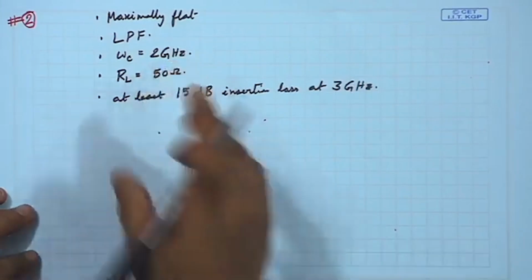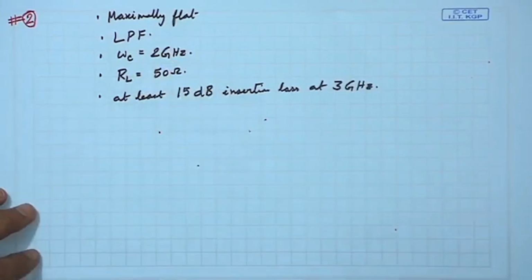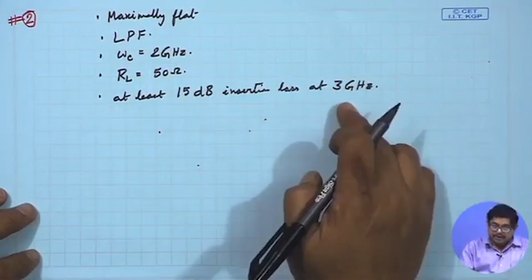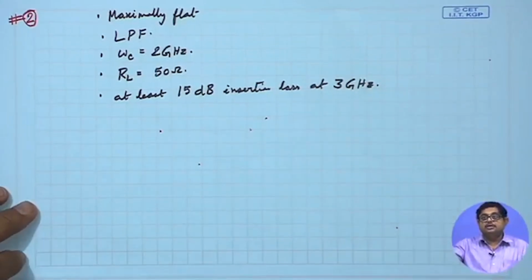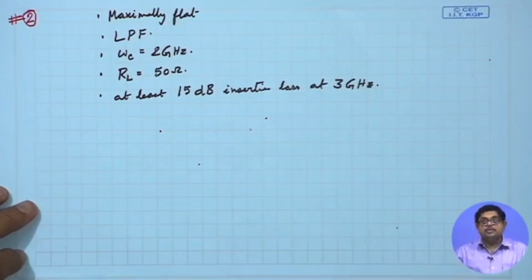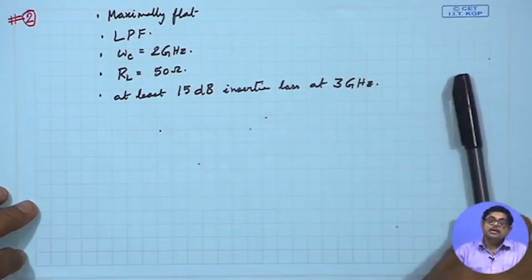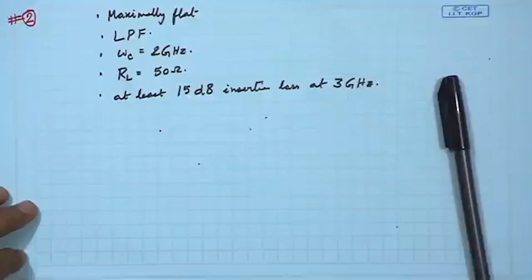You see, the cutoff frequency is 2 gigahertz, and far away I want it, because maybe at 3 gigahertz there is some interfering signal or another signal source. So, there I want at least a high insertion loss of 15 dB.